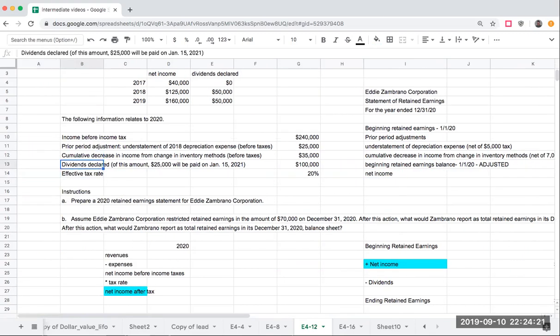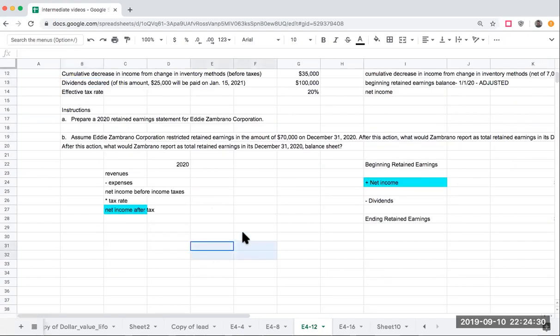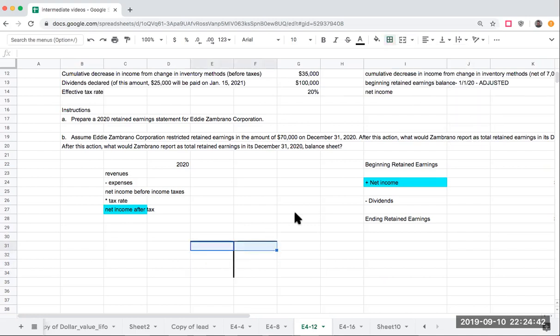The next one over here is dividends declared, okay? And with dividends declared, remember, the key thing is the way I record dividends. And I love my T accounts because I'm Tchaikovsky and I can never get enough of the T's.